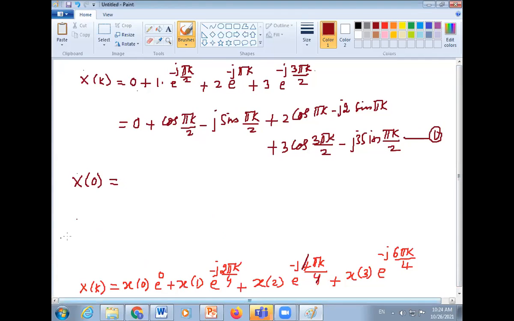यहाँ पे k अगर 0 हुआ, so it will be, value क्या आएगा?